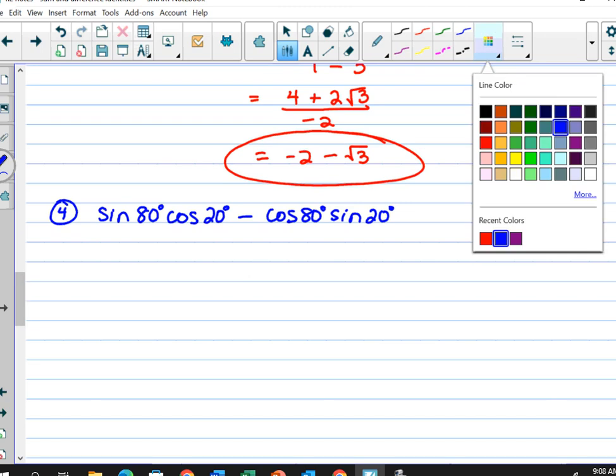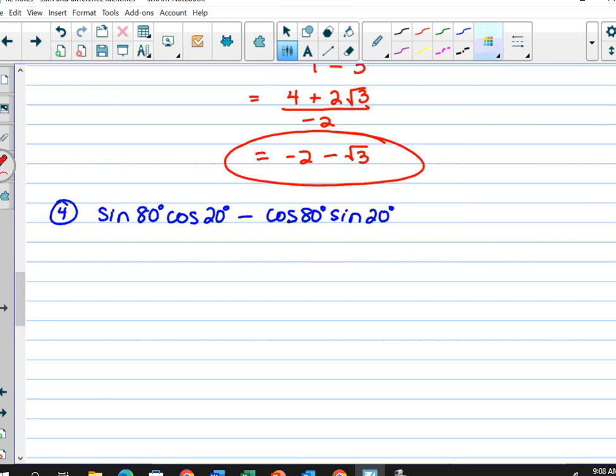Oh, isn't that just one of the formulas? That is just one of the formulas. Oh, so is it just cosine of 100? Or no, it's sine of 100. Is it the sine formula or the cosine formula? Sine, and is it angles plus or angles minus? So this is really the sine of 80 minus 20.